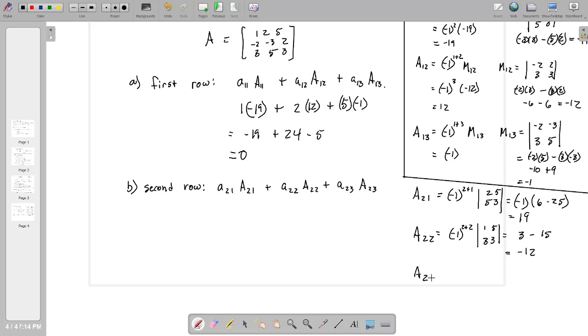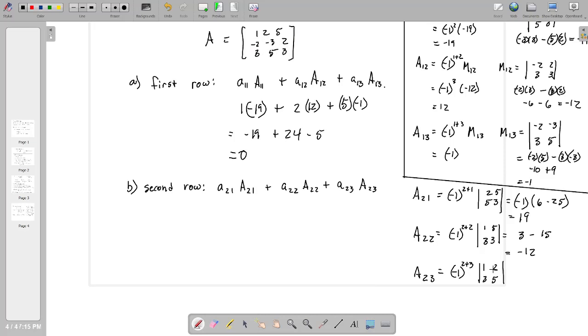And last, we have a sub 2,3. The cofactor a sub 2,3 will be negative 1 to the 2 plus 3 power times the determinant of the matrix obtained by deleting the second row, third column. So we delete the second row and third column. That means the remaining matrix is 1, 2, 3, 5.